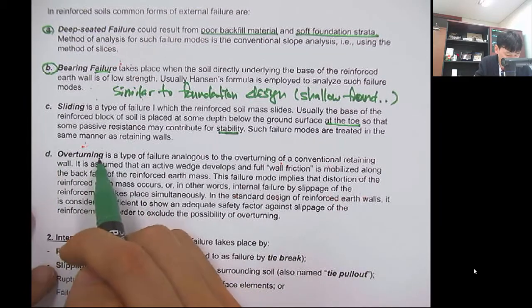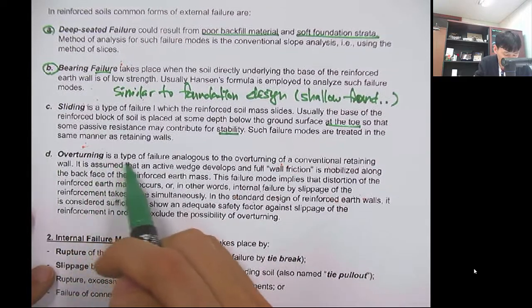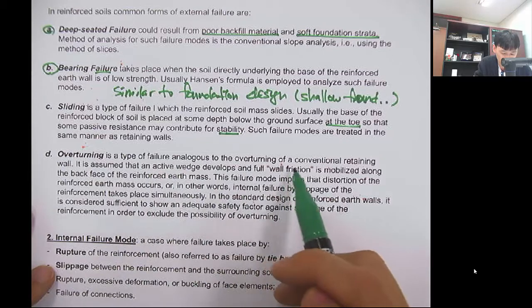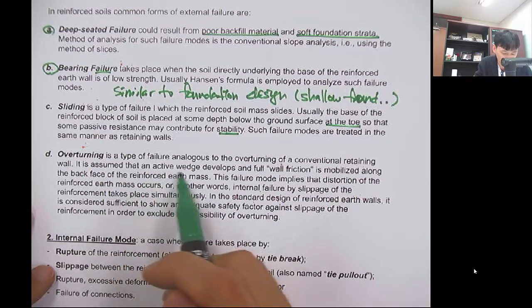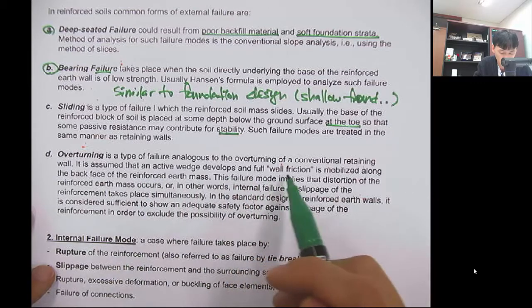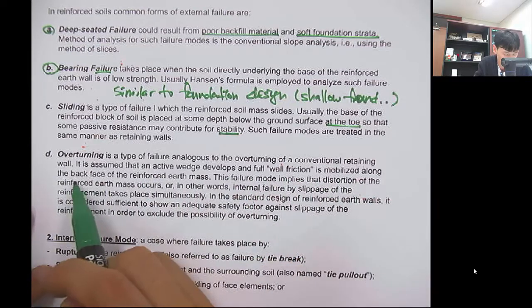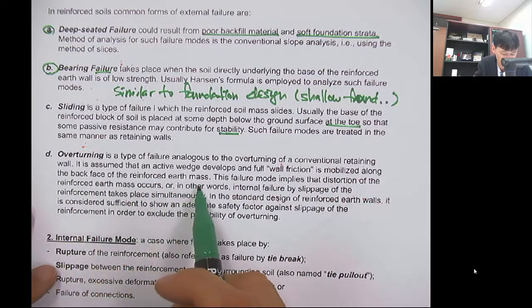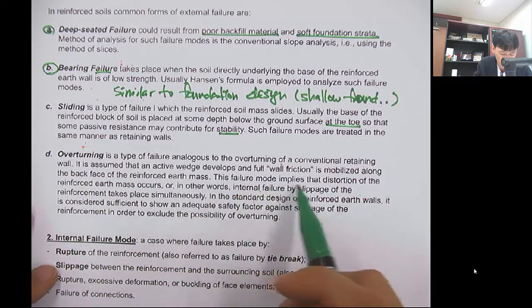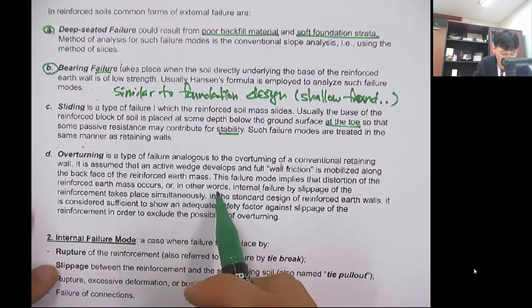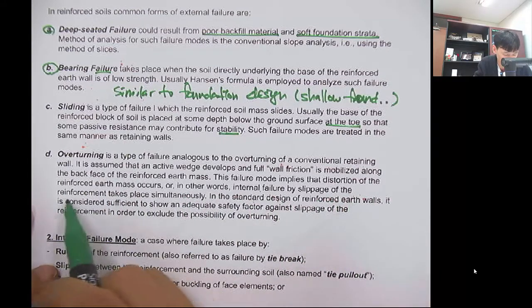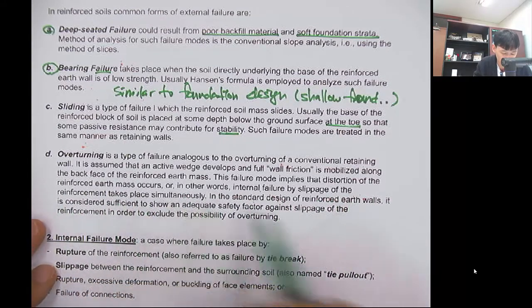And the last is the overturning failure, a type of failure analogous to the overturning of a conventional retaining wall. It is assumed that an active wedge develops and full wall friction is mobilized along the back face of the reinforced earth mass. This failure mode implies that distortion of the reinforced earth mass occurs, or in other words, internal failure by slippage of the reinforcement takes place simultaneously.